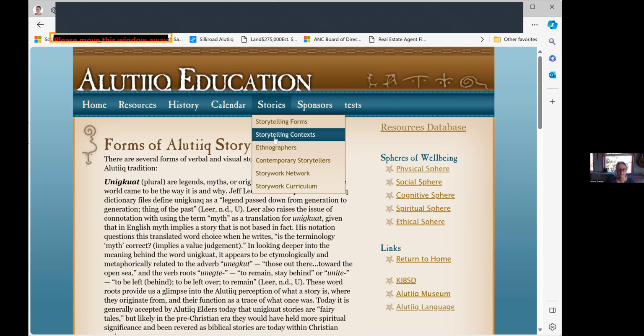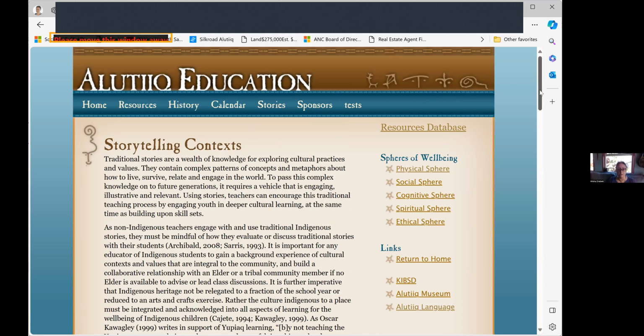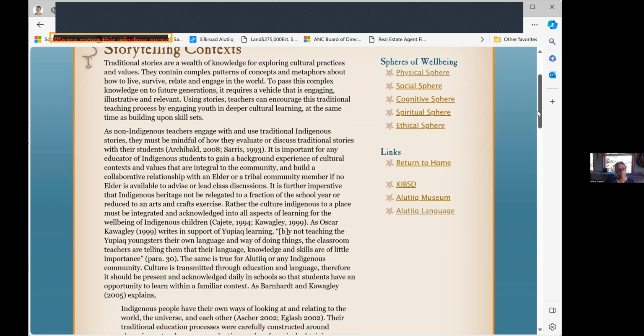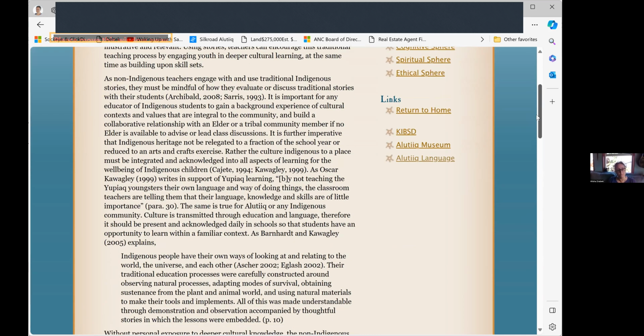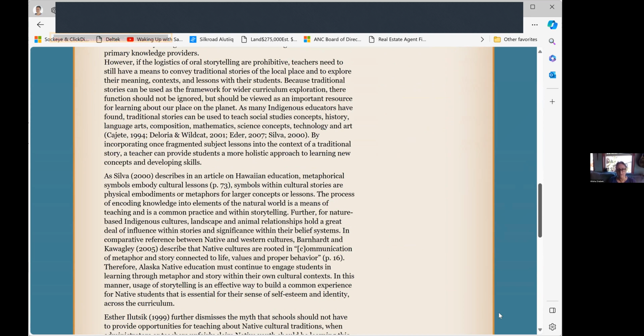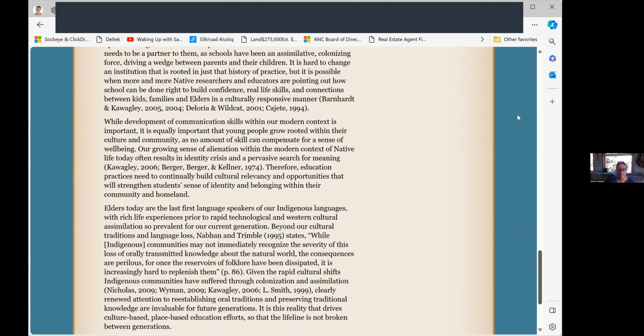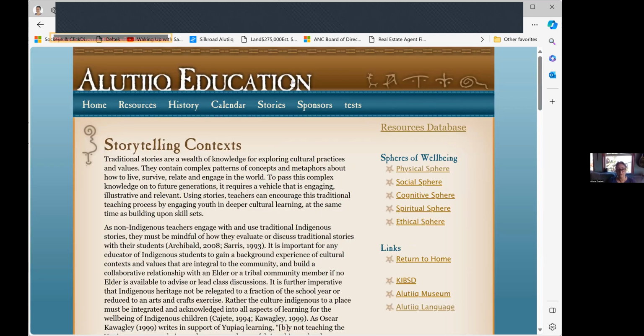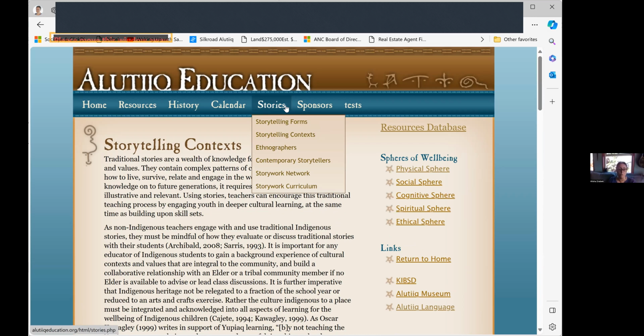And then for the contexts, I included more about the education environment, the context that stories were told in schools, but also traveling storytellers and the role of the kashat before the priests took over, basically.